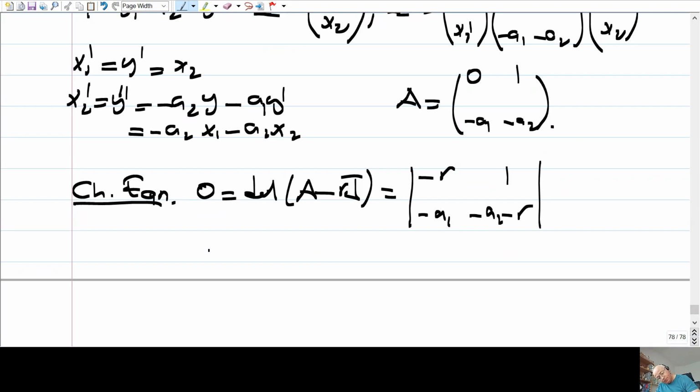Bu da nedir? R kare artı r çarpı a2 artı a1.